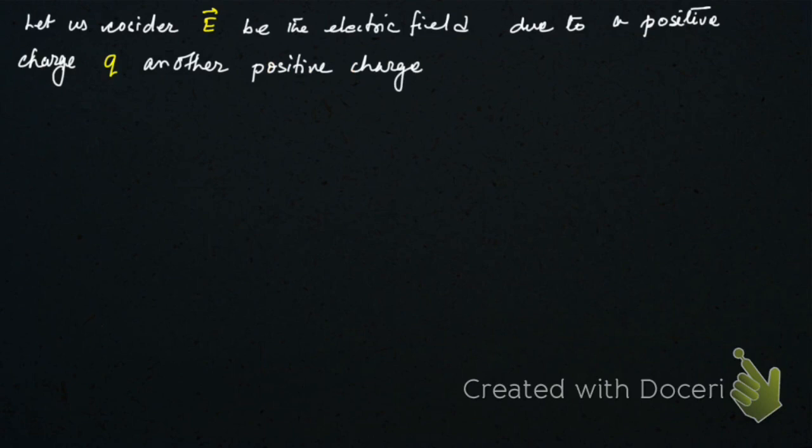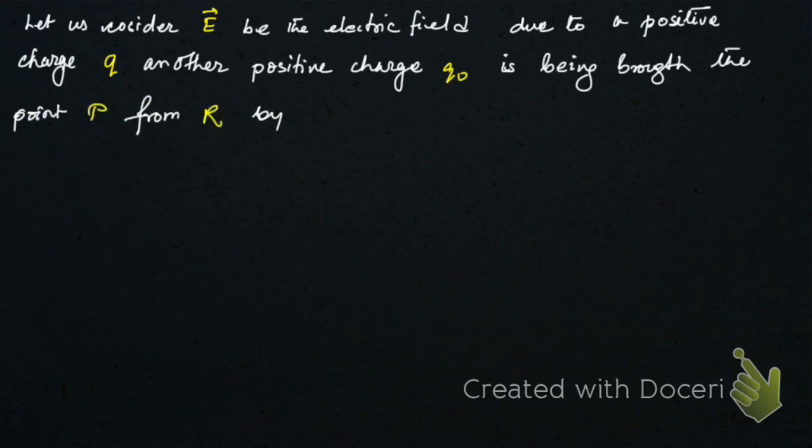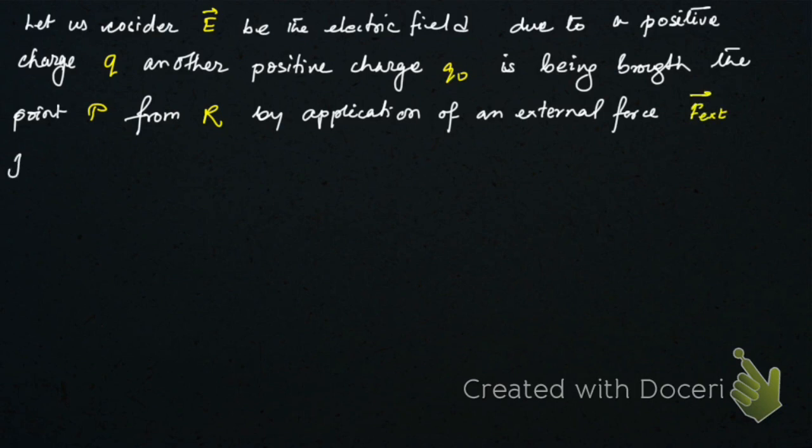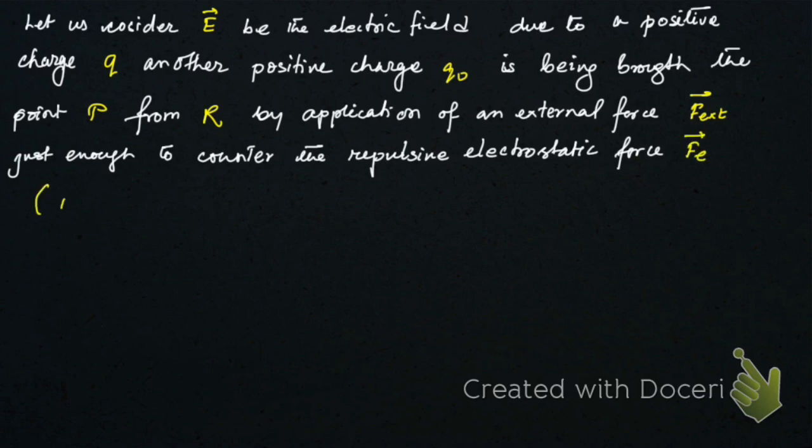Another positive charge q naught is being brought to the point P from R by application of an external force, which is just enough to counter the repulsive electrostatic force Fe, and these two forces are opposite in direction. Suppose this is the positive charge q, point P, point R, and from point R to P, charge q naught is being brought.